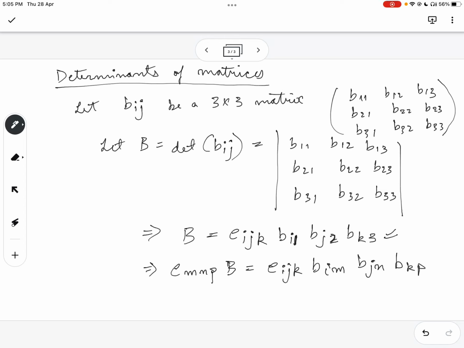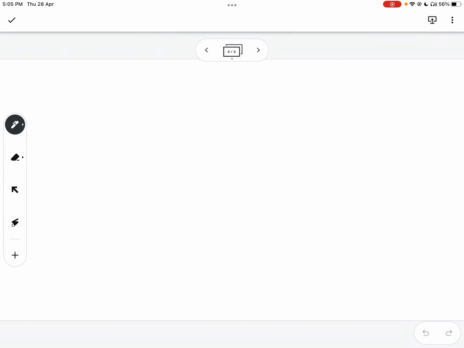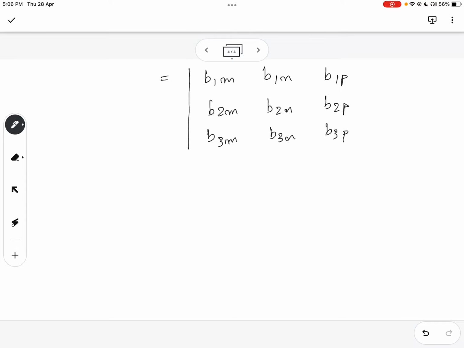Which is same as writing this form: B1m B1n B1p, B2m B2n B2p, B3m B3n B3p.